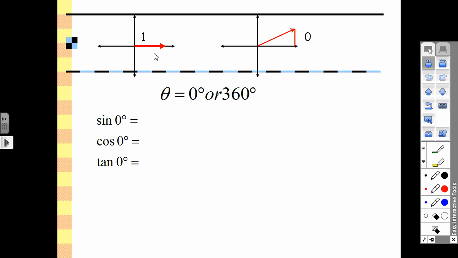Now the length of this ray, we can make it however long we want it to be. I'm just choosing 1 because it's the easiest number to use. So I'm going to put 1 right there. And then you have to remember that this ray is on top of another ray, or this length right here. So we can say that this x value, or this length right here of the x-axis, should be the same as this ray.